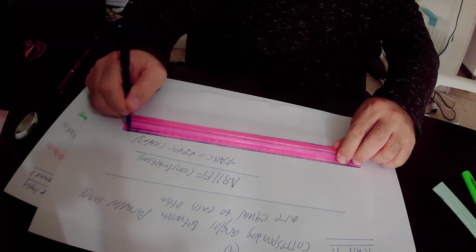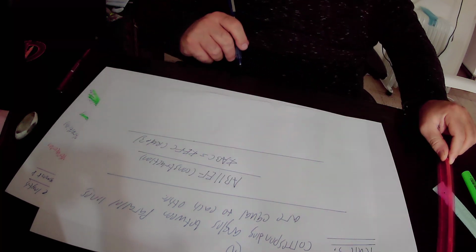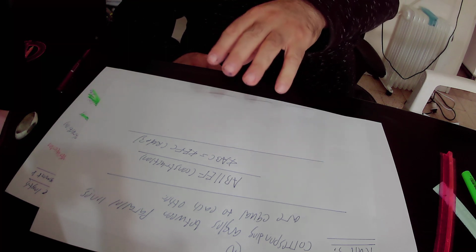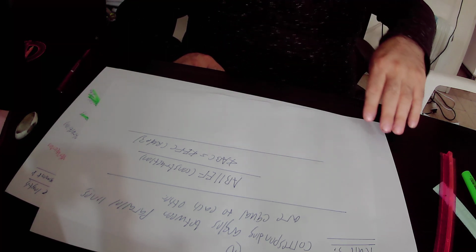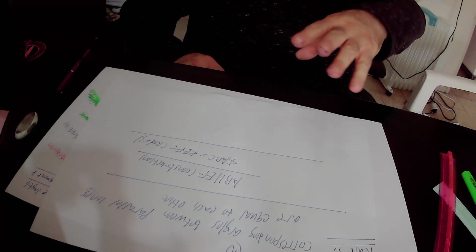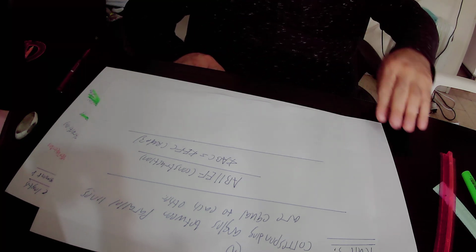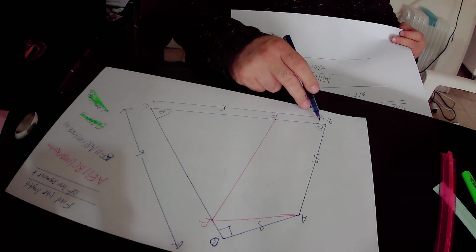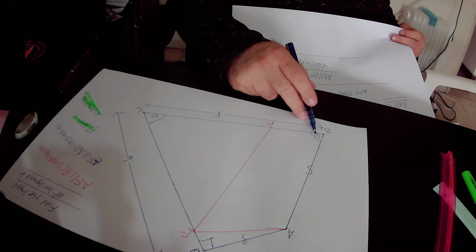I repeat again, angle ABC equals angle EFC according to rule number 3, because those two angles are located between the parallel lines AB and EF, therefore they are equal to each other. But according to what is given in the question, angle ABC equals theta.